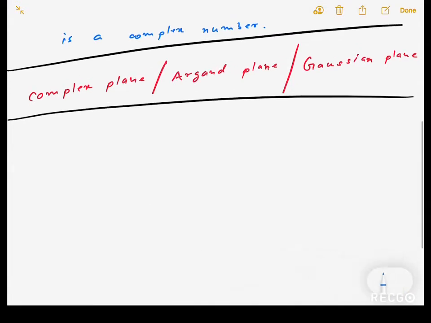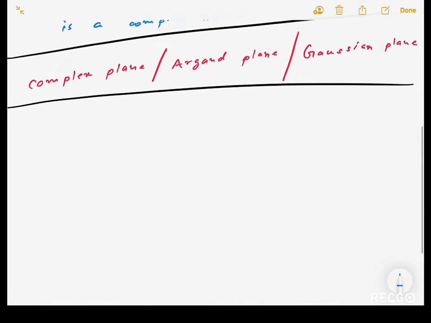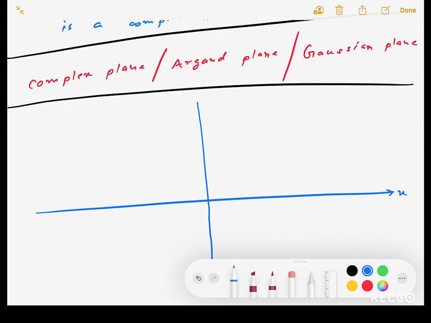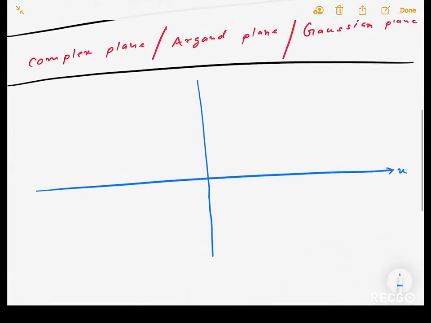In the Cartesian plane we have the x-axis, the horizontal axis, then the y-axis, the vertical axis, and the point where both axes intersect is called the origin. Similarly, in the complex plane, the x-axis is also called the real axis, representing the real part of z.